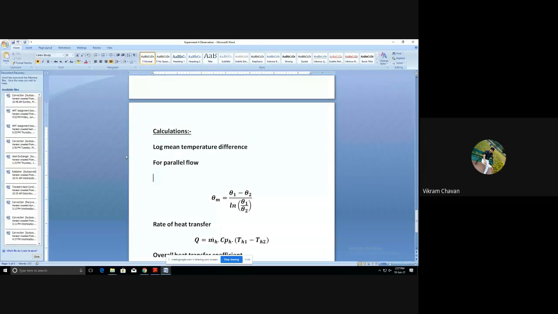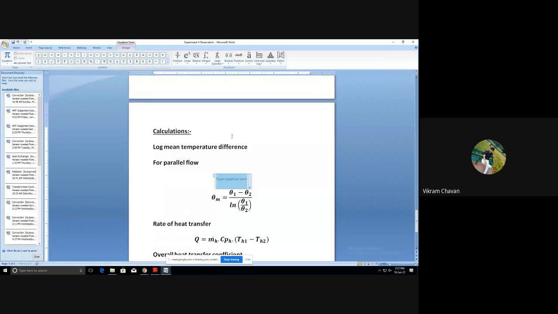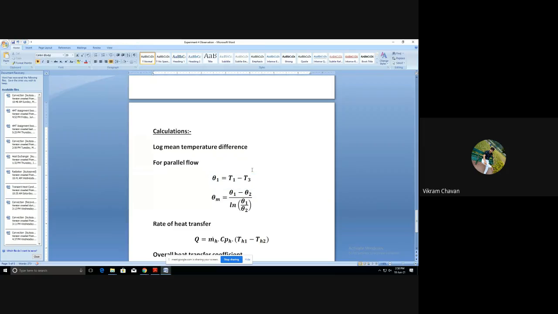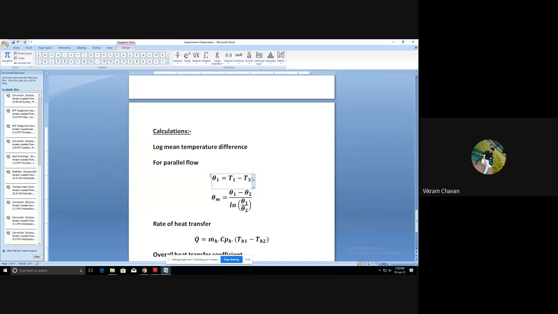In this case theta 1 is the hot fluid inlet temperature minus the cold fluid inlet temperature, that is T1 minus T3.